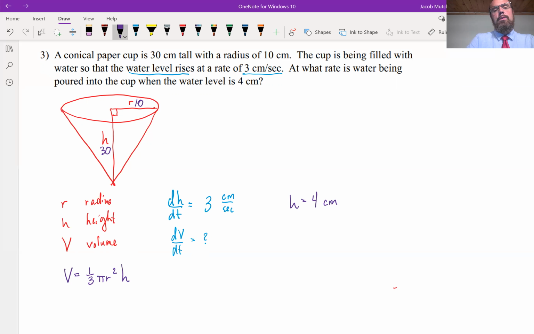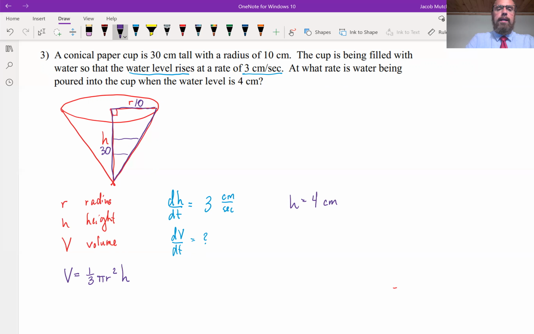Now, as I'm seeing here, this figure that's created by the radius, the height, and the side of the cone is a right triangle. And so from geometry and similar triangles, if I were to watch water fill up, my radius would be proportional to whatever height it's at.